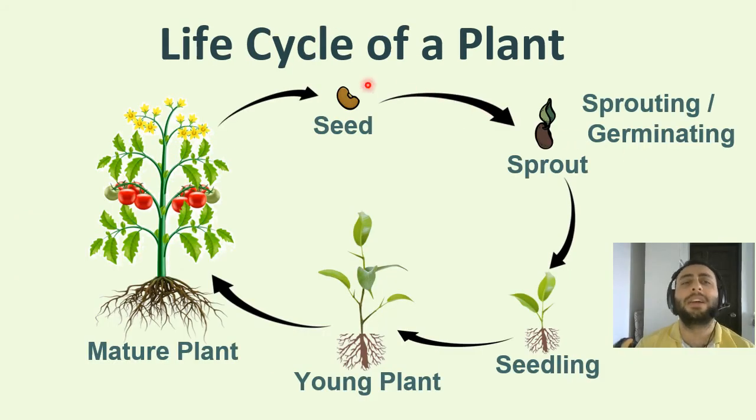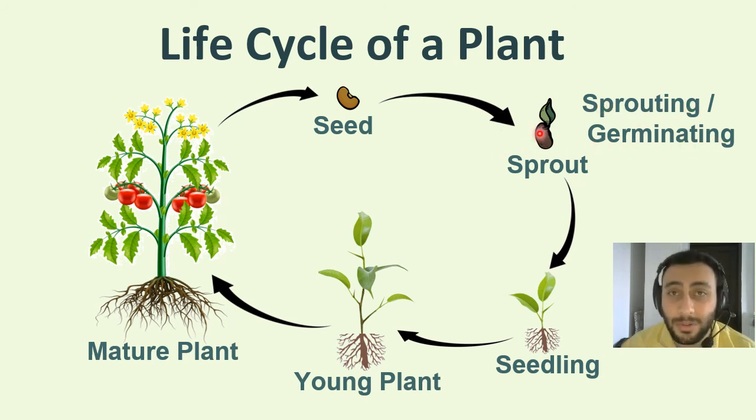So let's look at the life cycle of a plant. Imagine you have a seed. When it has enough water, enough sunlight, enough warmth, it will start to grow and something comes out of it. We call that stage sprouting or germination.